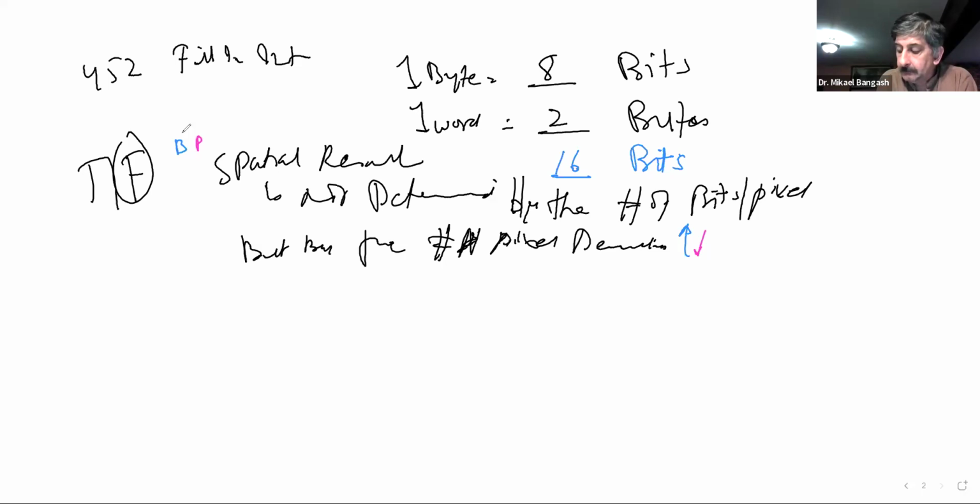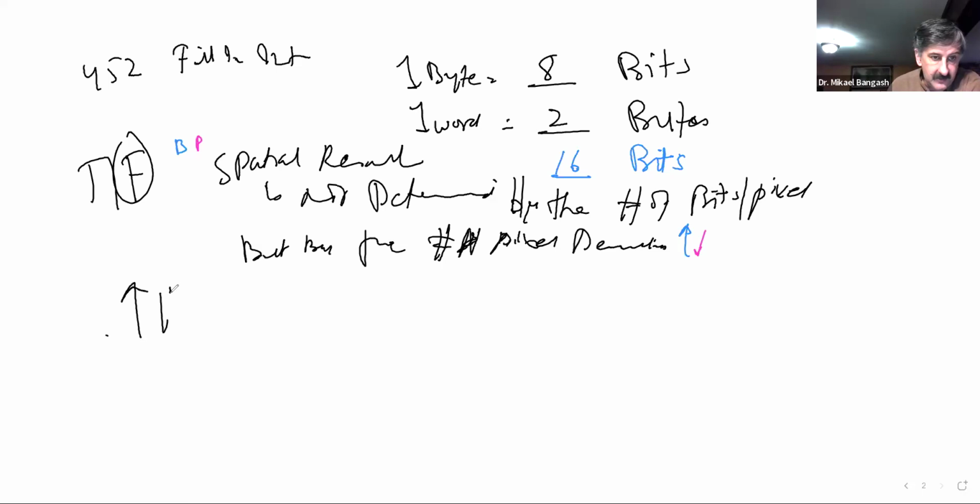Did that make sense? Did you guys get that? Good. So question 454 asks about the same thing. What it means is, what happens to an image when the number of bits allocated to each pixel increases?